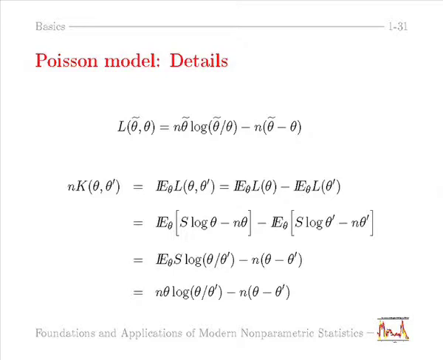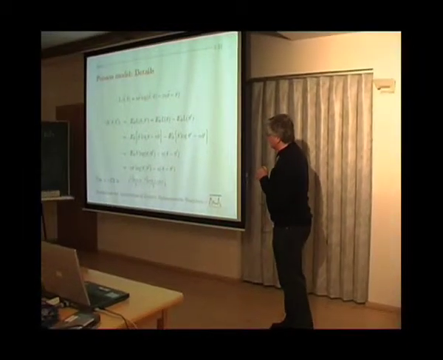So let's look at more details here. And the alpha-based confidence interval, again, we discover the log likelihood ratio has a simple form, and it is connected to the Kullback-Leibler by n times Kullback-Leibler is the expected value of the likelihood ratio.